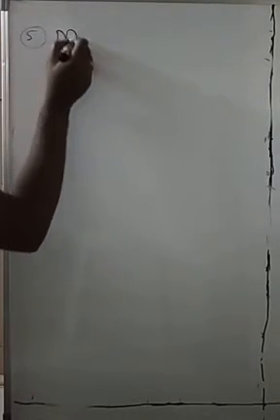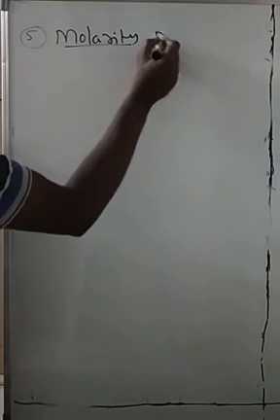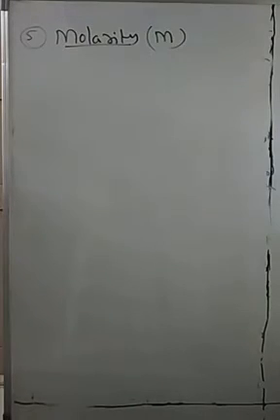So next method is about molarity. Molarity is denoted by symbol capital M. What is molarity? Number of moles of solute present in 1 liter volume of the solution.